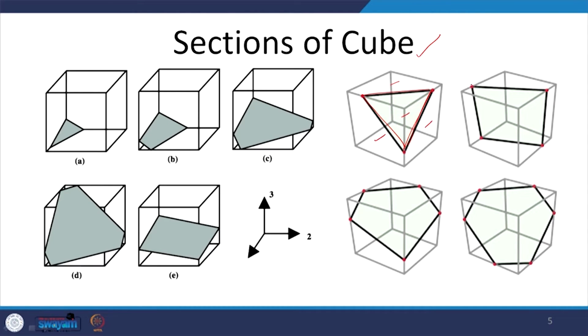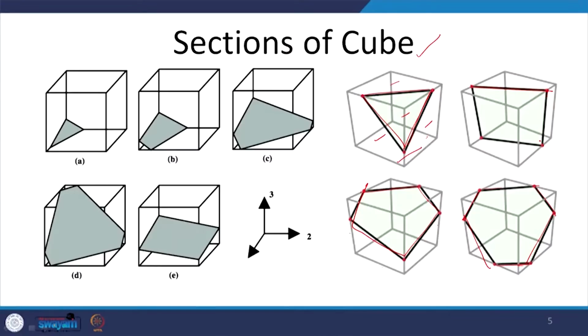In case 4 surfaces are being cut, we will get a rectangle. In case 5 surfaces are being cut, we will get a pentagon, and like that. Here there are 6 surfaces which are cut, so we are getting a hexagon, but a distorted hexagon. That is how the section of a cube is going to be seen.